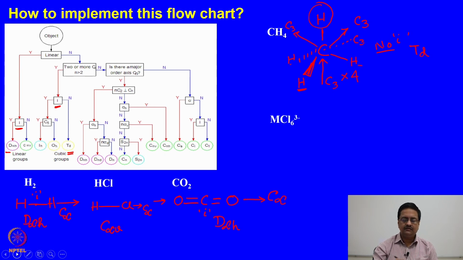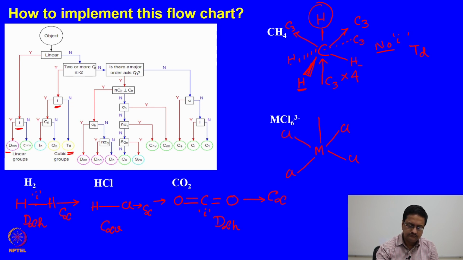The next molecule, rather an ion, is MCl6 3-. What are the symmetry elements that one can see here?